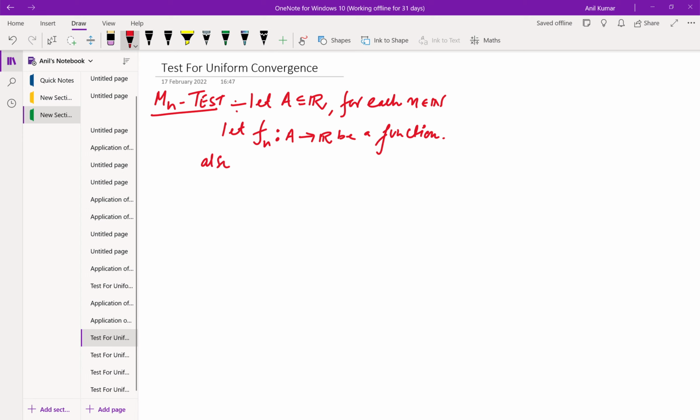Also, assume that the sequence f_n(x) converges to function f pointwise on the set A. It means that for every point in A, the corresponding sequence of functions will be convergent to f(x).